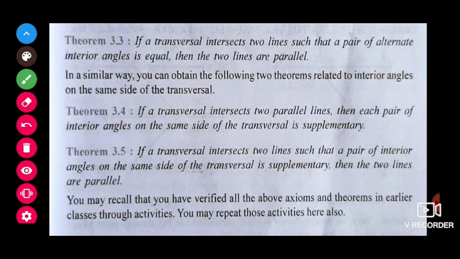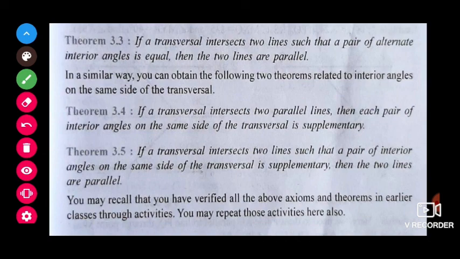In a similar way, the following theorem is related to interior angles. Again children, the same thing I explained about those lines and angles is shown. If a transversal intersects two lines, and the alternate interior angles are equal, then the lines are parallel. If a transversal intersects two parallel lines, then each pair of interior angles on the same side of the transversal is supplementary.